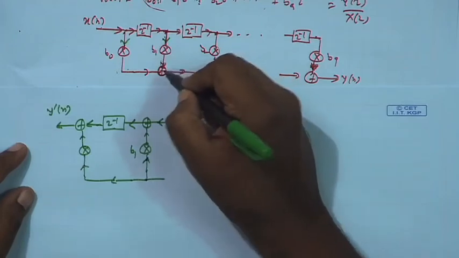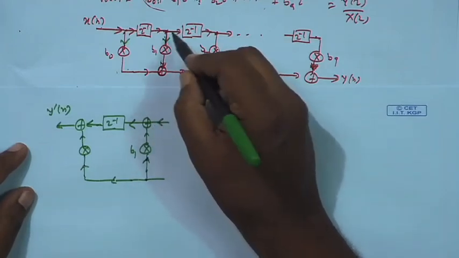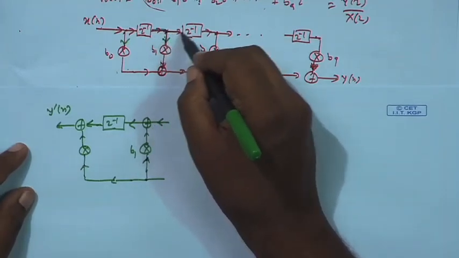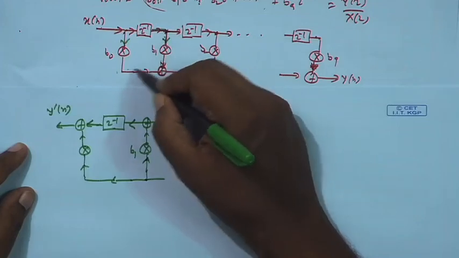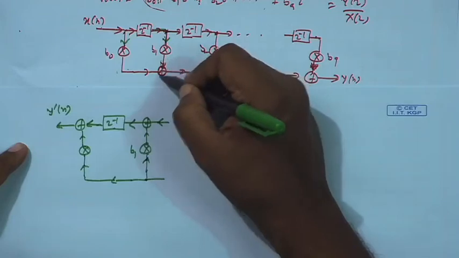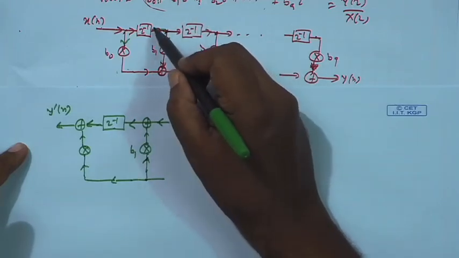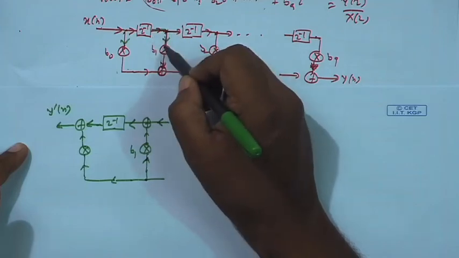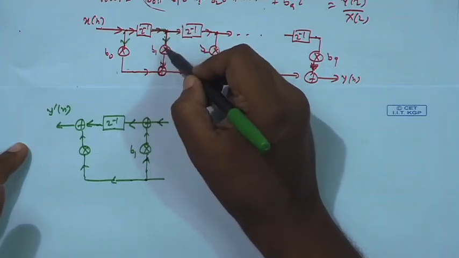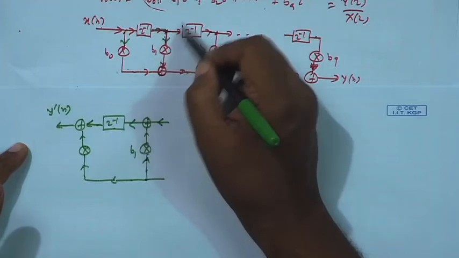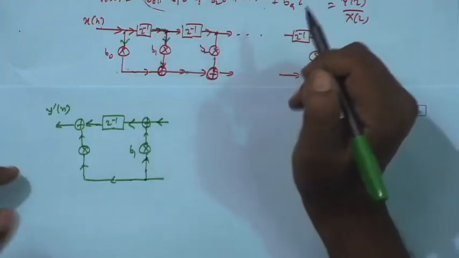See, adders are 2 input, 1 output devices, and a branching point is what? 1 input, 2 output. So, if the arrows are reversed, there will be 2 outgoing arrows, 1 incoming arrow. So, obviously, it cannot be an adder, it will be a branching point. And in the case of a branching point, there was 1 incoming, 2 outgoing. So, now after reversing the direction, there will be 2 incoming, 1 outgoing. That means it cannot be a branching point, it is actually an adder. It is like that.